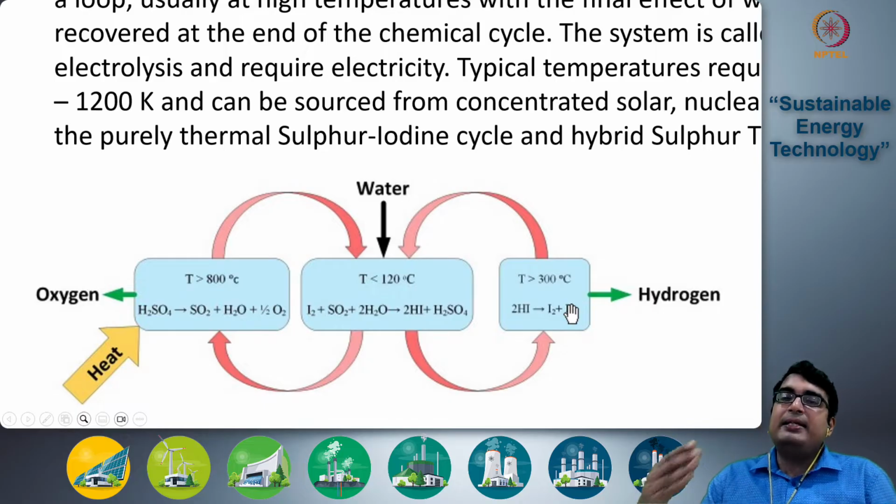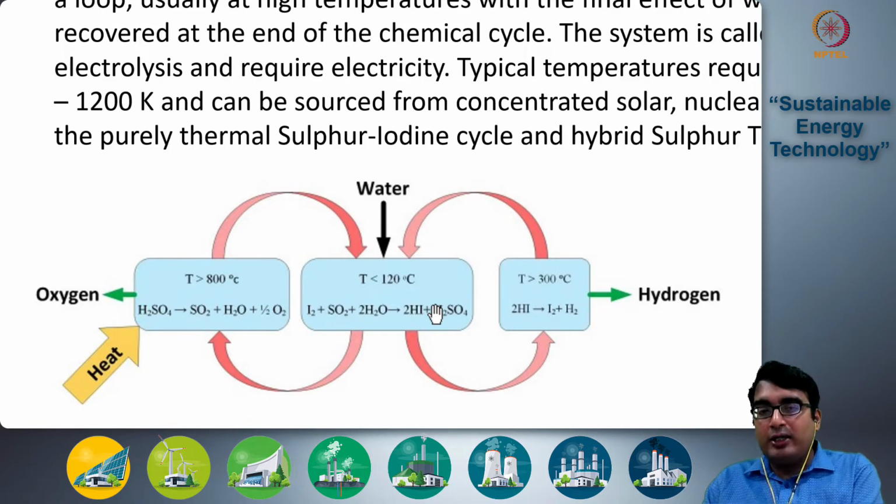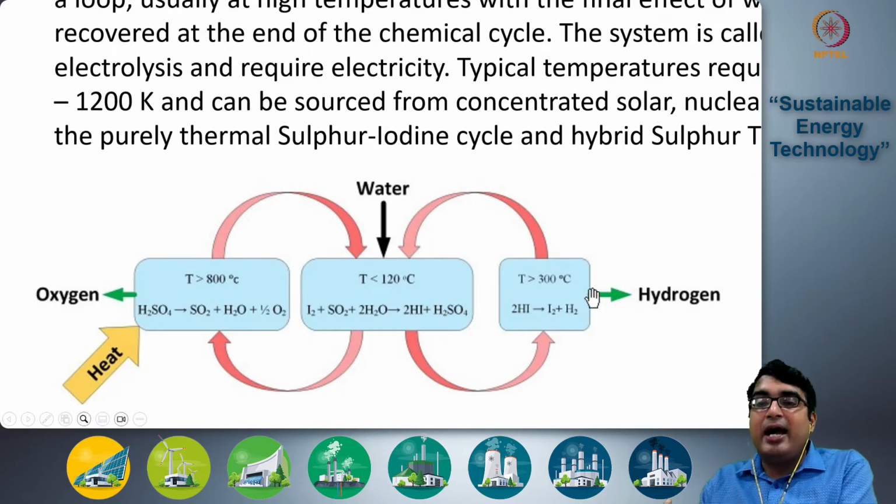This is basically the cracking of hydrogen iodide back into iodine and hydrogen, and the hydrogen is extracted and the iodine is fed back into the first reactor, where it is reused. So what is happening? Iodine, sulfur dioxide and water vapor react with each other to produce hydrogen iodide and sulfuric acid. The hydrogen iodide breaks down at higher temperature in a separate reactor to produce iodine and hydrogen. Hydrogen gets extracted and iodine comes back into the system.